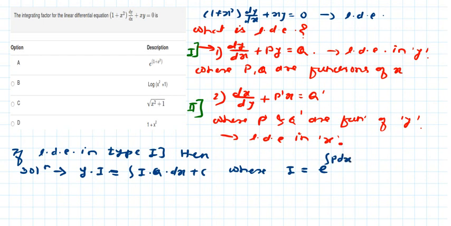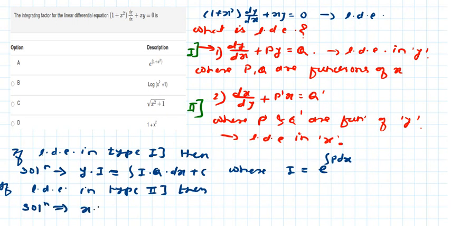Now in the second case, if the linear differential equation is of type 2, then its solution will be x into integrating factor equal to integral of integrating factor into q dash dy plus c, where the integrating factor is e to the power integration p dash dy.